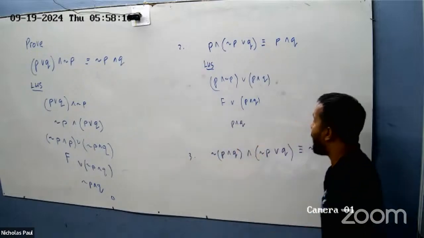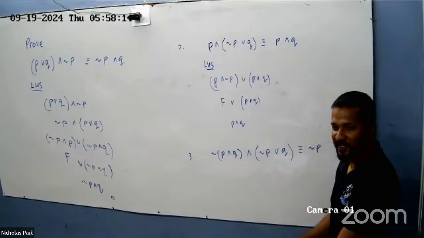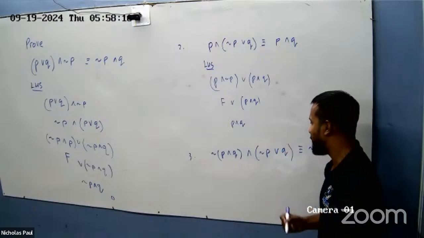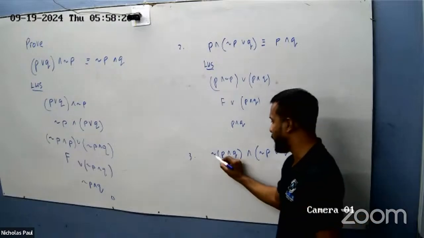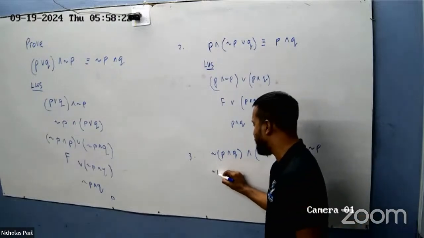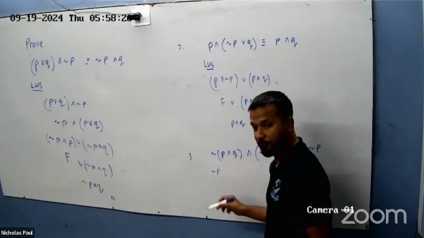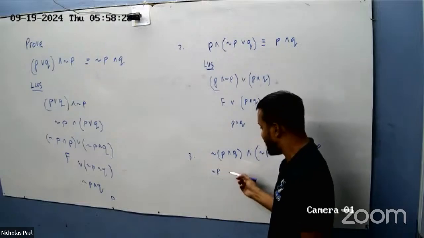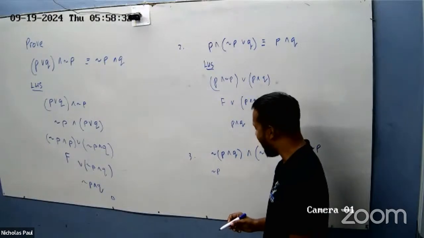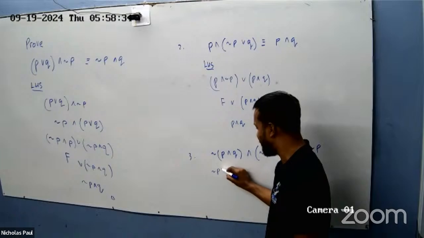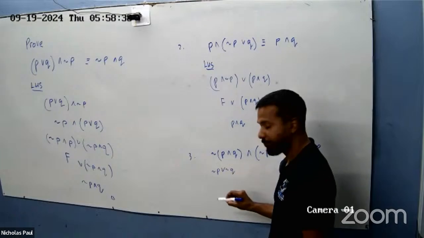Yes. Right, take up. What's the first thing you will do? Okay, De Morgan's law. So you will get negation of P, and then negation of Q. Right?